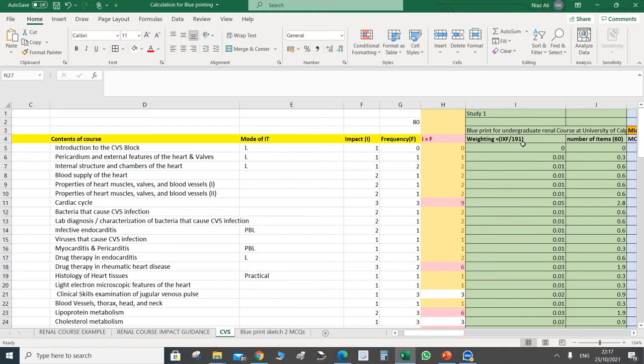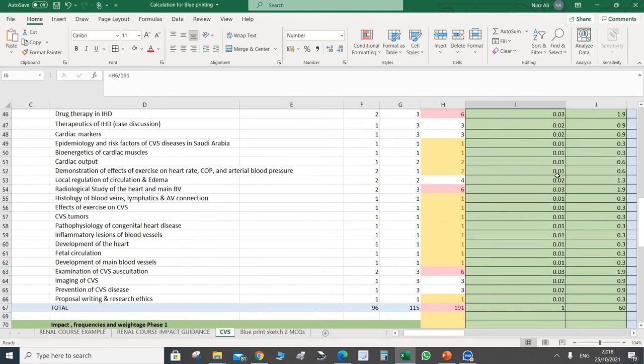In the next step, you give the weightage. For this particular value in this cell, H1, this product value is divided by the whole sum of 191, the total of the product values. By this way you get the proportionate value, and when you sum these proportionate values, numerically it comes to 1.